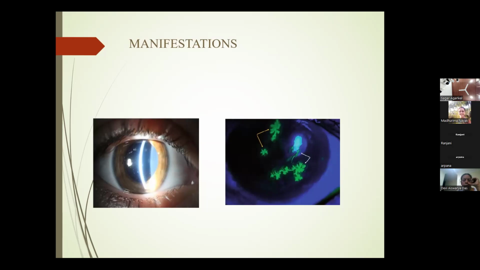And they usually either resolve or they break down into dendrites. They are very fine and feathery, and they'll be mostly in the central part of the cornea. You very rarely see HSV SPKs in the periphery. And this is a dendrite, a classical dendrite, where you see a fine branching pattern.